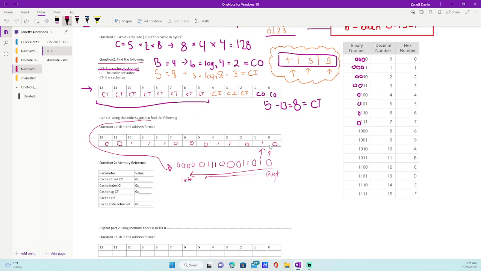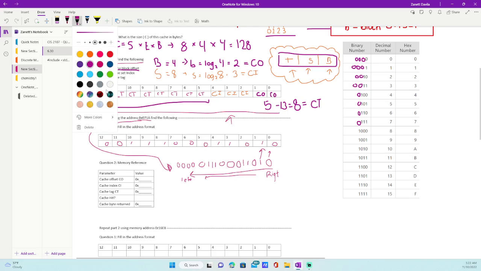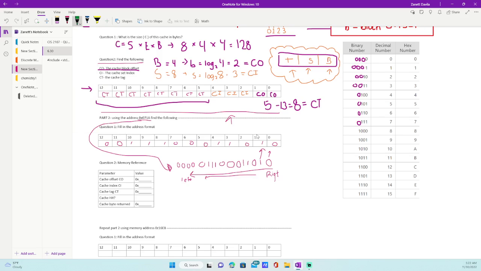This will be what's on here. Now, because we have determined everything above, we can actually use that to simplify our methods. So right here would be our CO. Right here would be our CI.